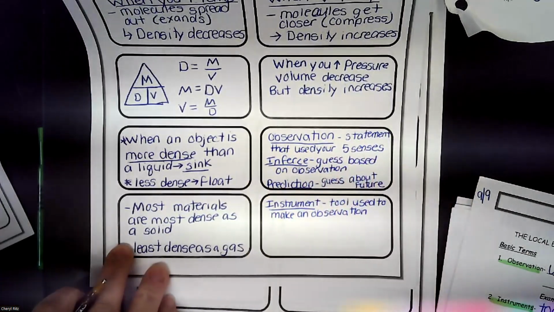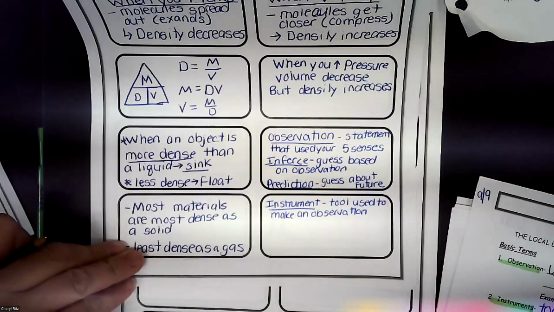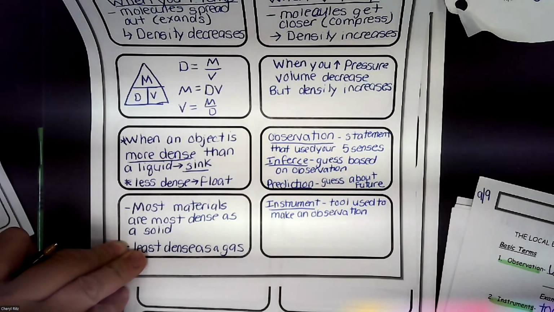So again, you're using your eyes and an instrument to measure how big a rock is. Or you're using your eyes and a scale and maybe your sense of feeling to say how heavy a rock is. It's still an observation though.